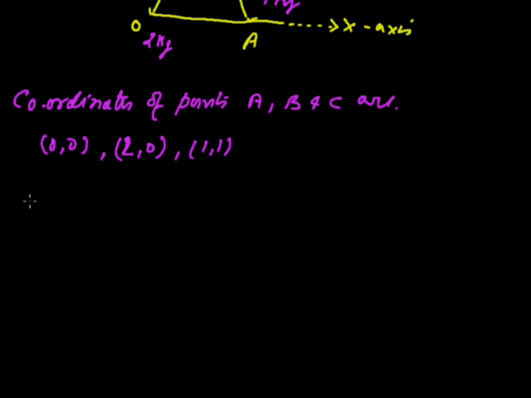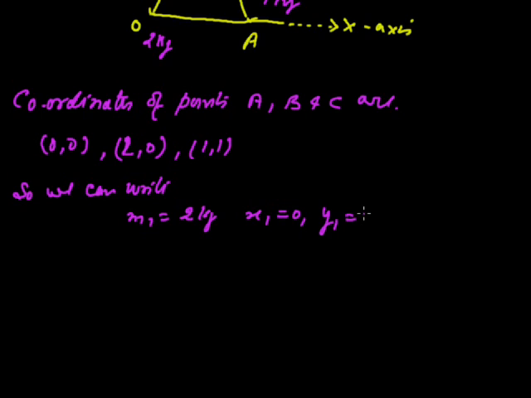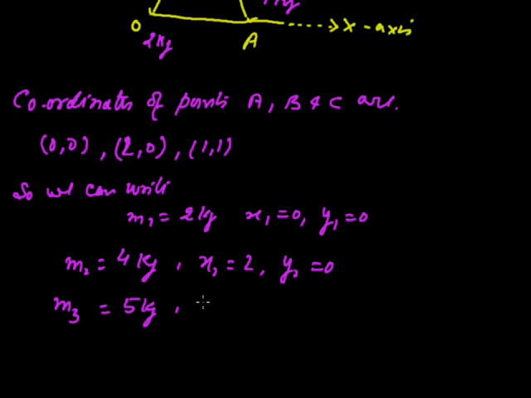So we can write m1 is 2 kg, x1 is 0 and y1 is also 0. m2 is 4 kilogram, x2 is 2 and y2 is 0. In a similar way, m3 is 5 kilogram, x3 is 1 and y3 is also 1.